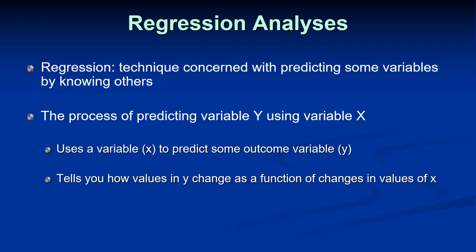The result of simple linear regression can tell you how the values in y change as a function of changes in the value of x. If we use age to predict weight, from the result of simple linear regression, we can know how much weight an individual gains with a year increase in age.